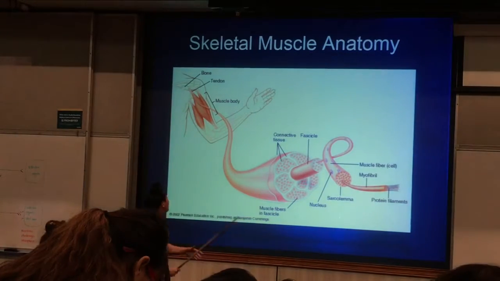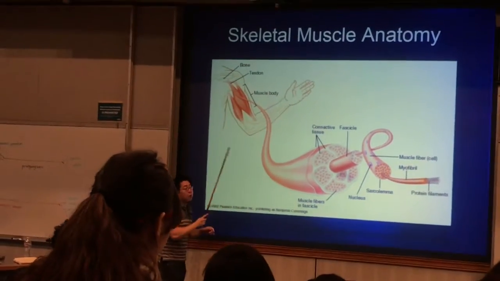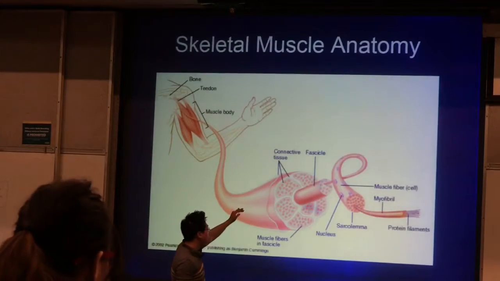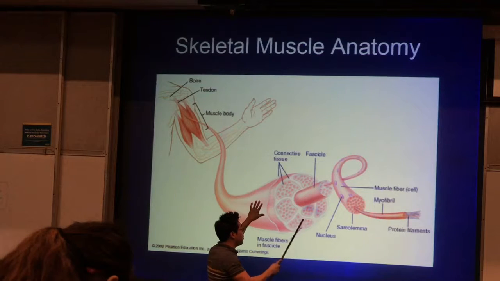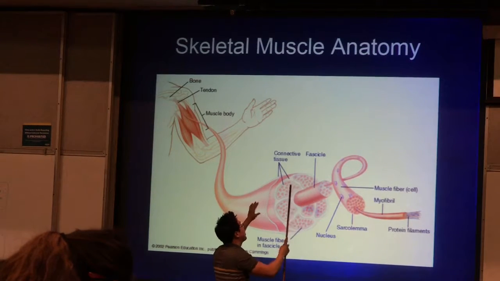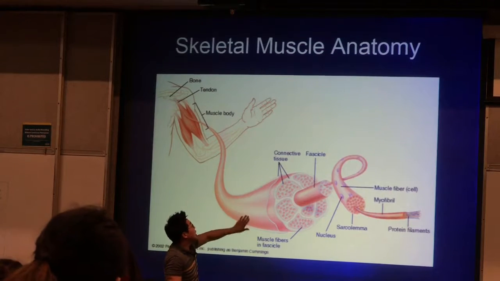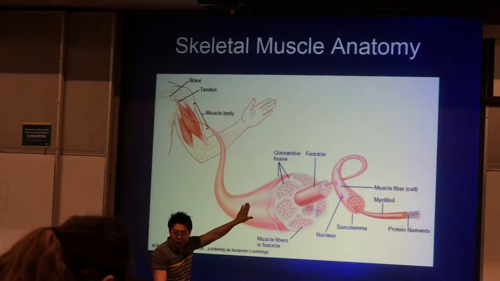We'll be okay. So what we're looking at here is a muscle body, that meaty part of your muscle. If you open this up, each one of these is a fascicle. So this whole thing is your muscle, and your muscle is surrounded in this connective tissue. What is this called? Epimysium.